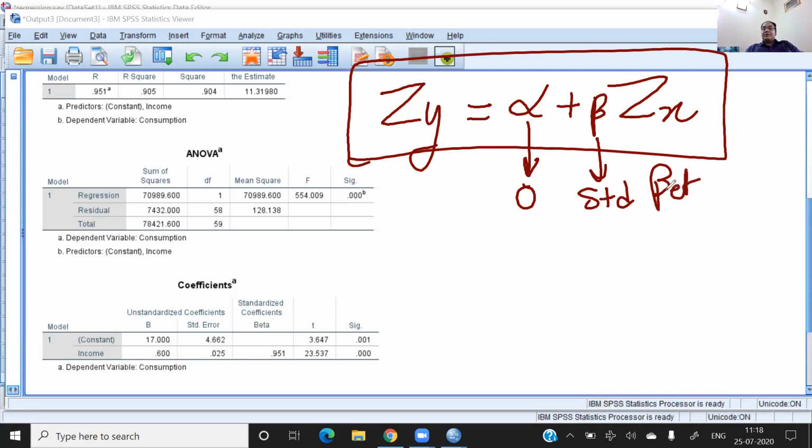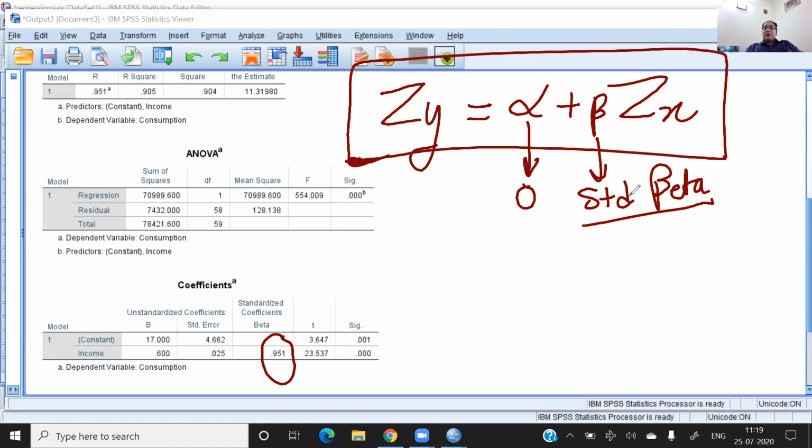So this is the concept of standardized beta. It is the value of the slope coefficient when you apply the regression model between the z score of y and the z score of x, right? So this is the concept actually.